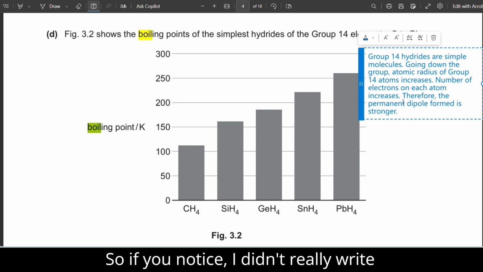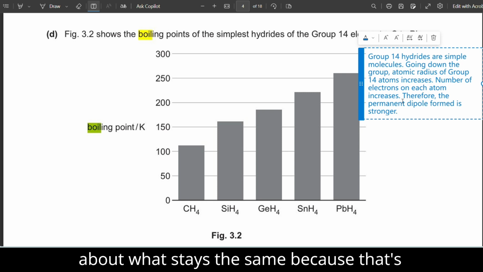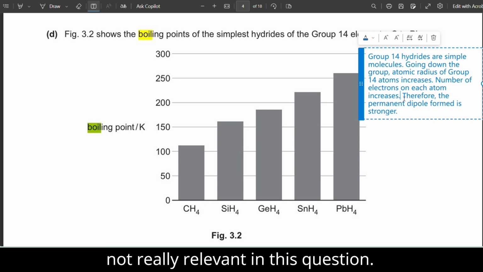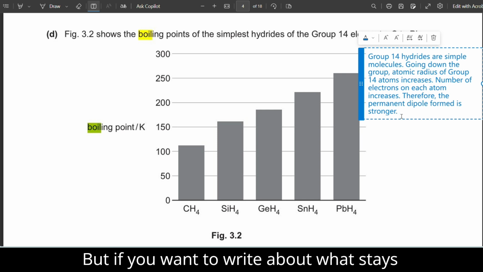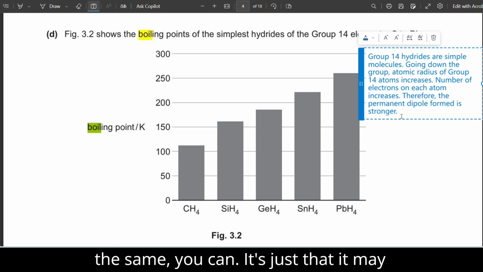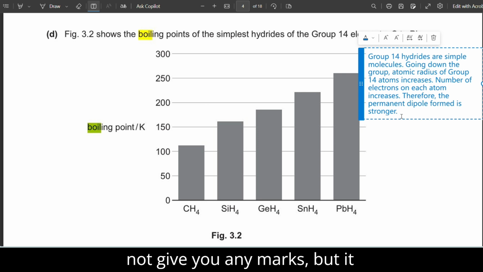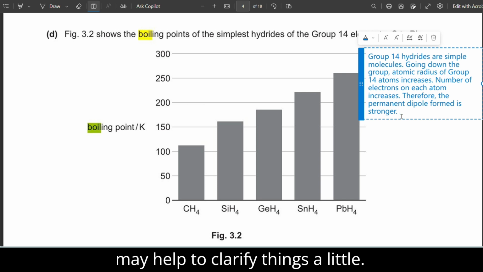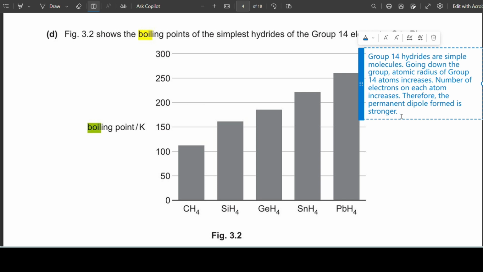If you notice, I didn't really write about what stays the same because that's not really relevant in this question. But if you want to write about what stays the same, you can. It may not give you any marks, but it may help to clarify things a little.